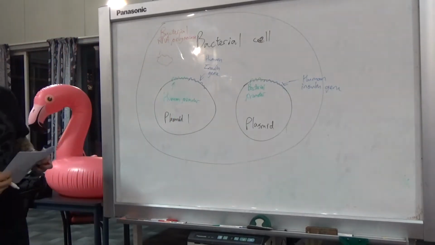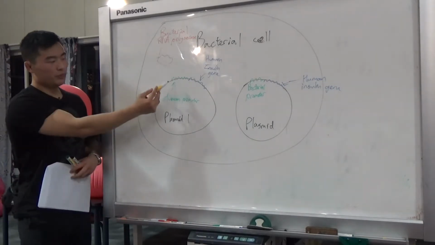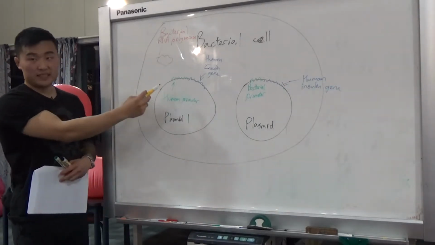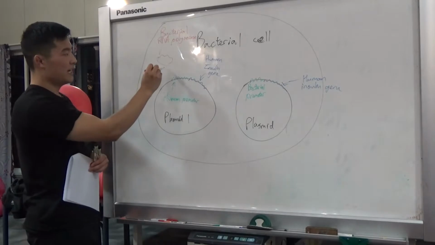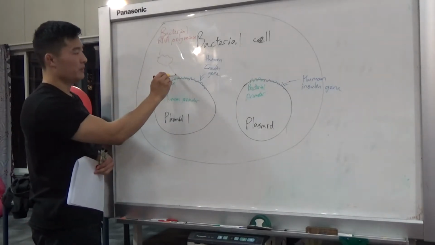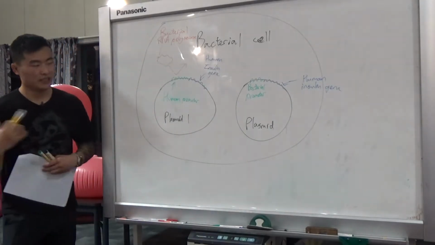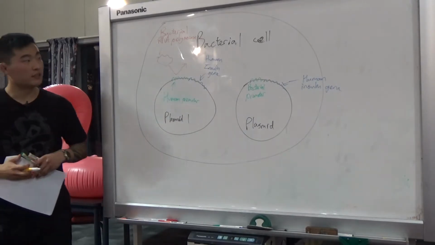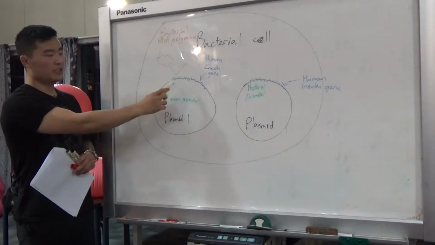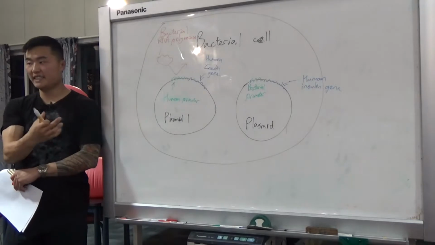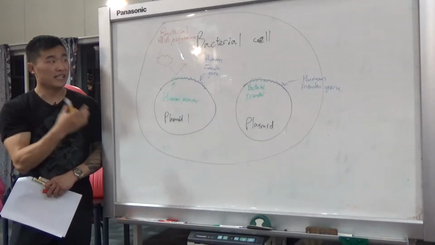Okay, so if you have a human promoter on your plasmid, this bacterial RNA polymerase is not going to recognize the human promoter because this human promoter has a different DNA sequence to the bacterial promoter.